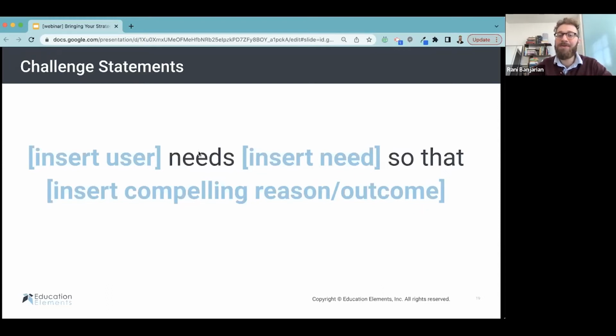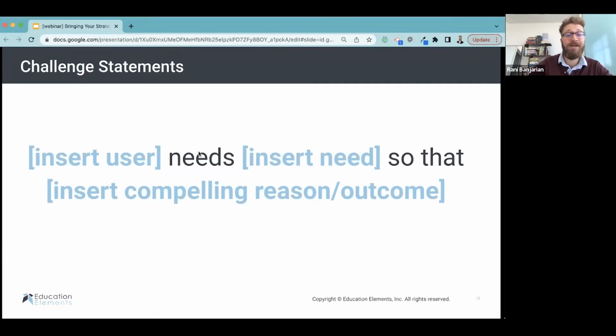And then you want to think about their needs. What do they need? Staff and teachers, or maybe high school staff, need differentiated professional development. Maybe that's something that you heard from a focus group with high school staff, and that's something that has come out. And so that's one of the challenge statements that you would articulate.